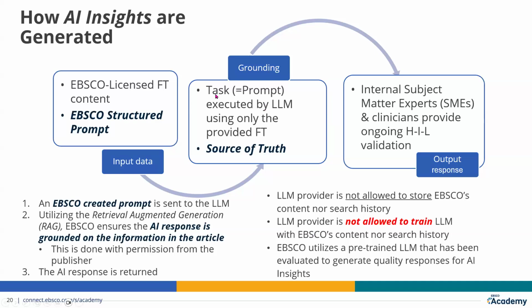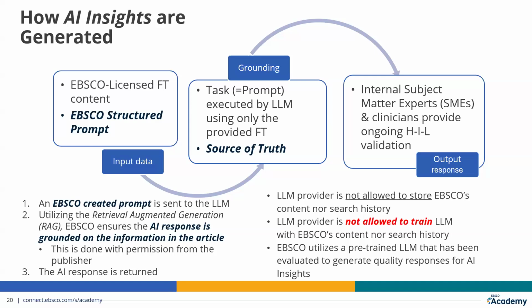The second part of that is that the task is a prompt that's executed by the LLM and is provided only using the full text. So the full text is always a source of truth. It's not looking at the abstract, it's looking at that full text document. And we also have an output response, which is where we have this human in the loop validation, where we've got subject matter experts and clinicians that review the quality of those outputs and check to make sure that it's working appropriately.